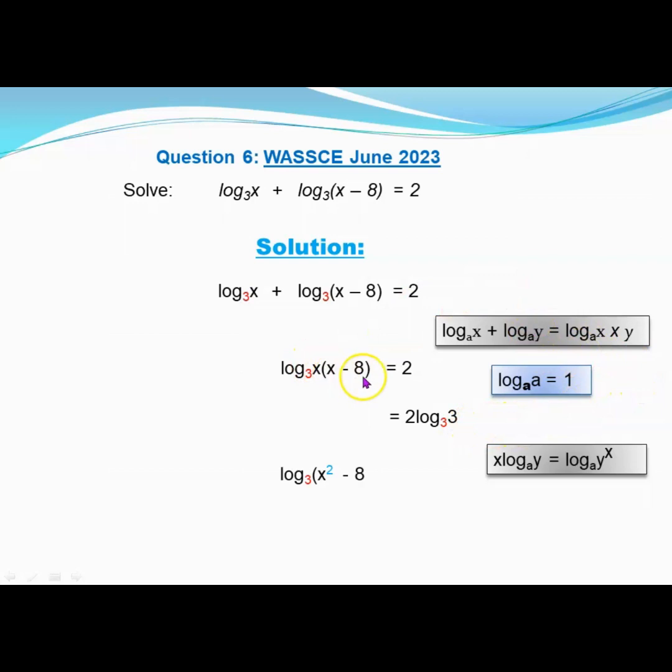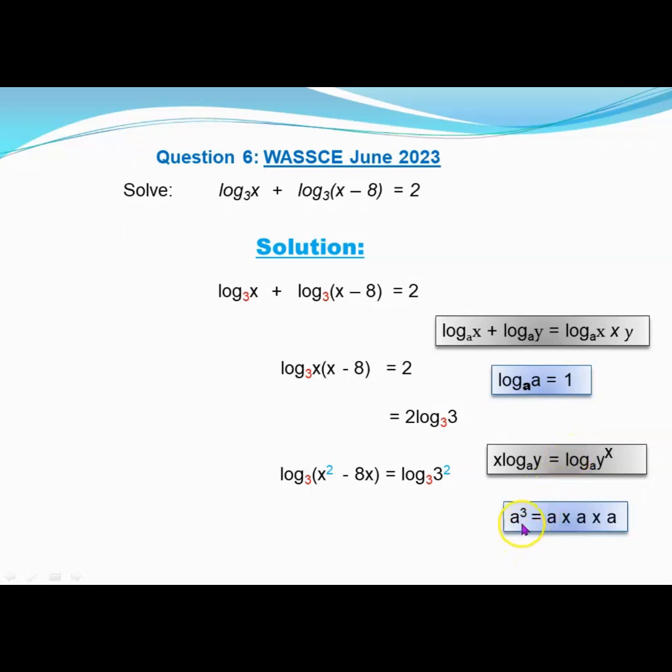Now we see the left hand side: when we multiply x times x, we have x squared, and x times minus 8 gives minus 8x, right? Now the right hand side, log base 3 of 3 to the power of 2, when we apply this property, right?